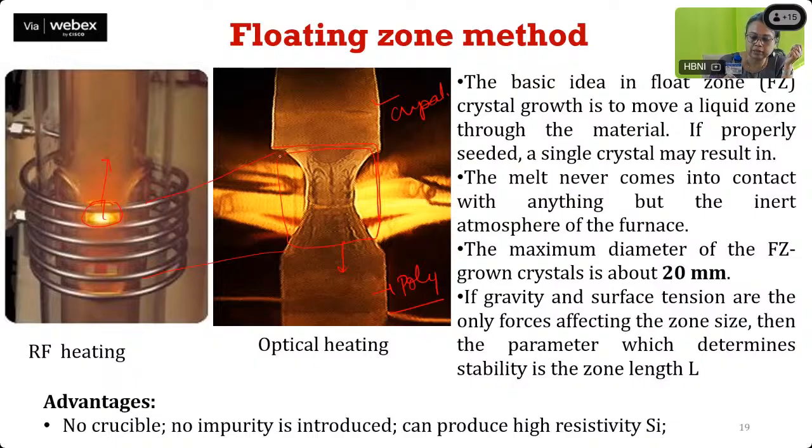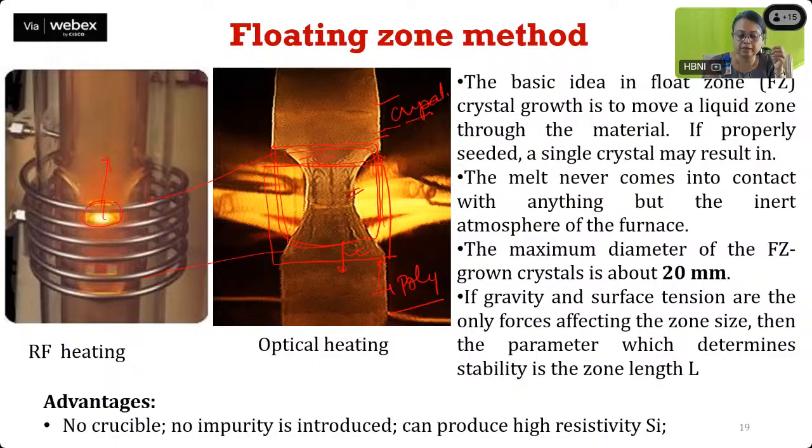This part is now molten, this is liquid, this is your crystal. Now if I take the next part, this polycrystalline will get dissolved, will melt, and this part will solidify. Because a single crystal seed is there, this will form the crystal, and my polycrystalline part is getting into the melt form and then going into the crystal.